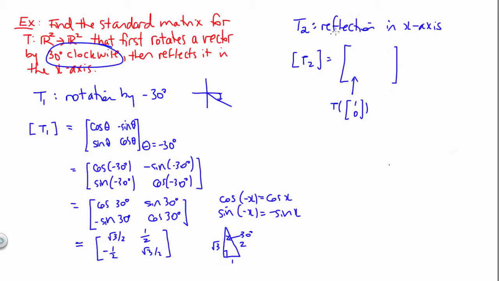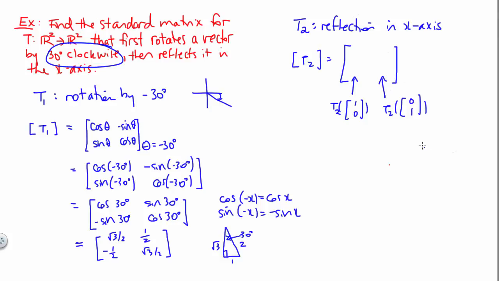Now, if I'm careful about the notation here, our transformation at this step is called T2, so I think I'll say T2 of 1, 0 goes in the first column, and T2 of 0, 1 goes in the second column. That is the definition of the standard matrix for any transformation.